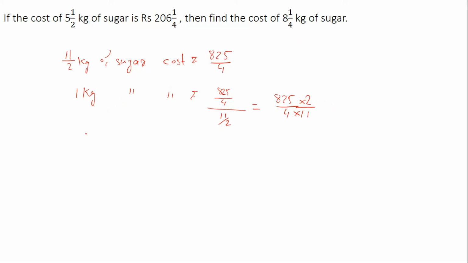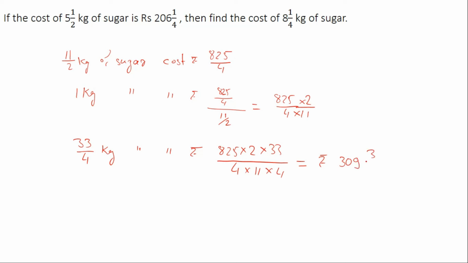Then 33/4 kg of sugar costs rupees 825 into 2 into 33 by 4 into 11 into 4. So when you solve it, you will get the answer rupees 309 whole 3/8.